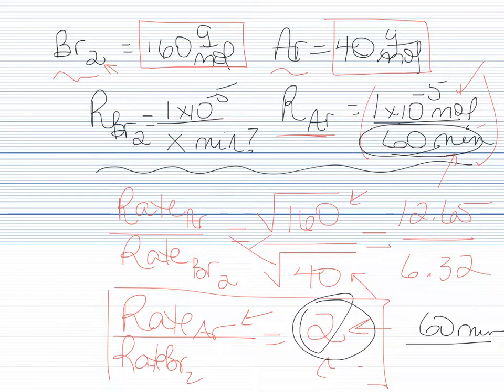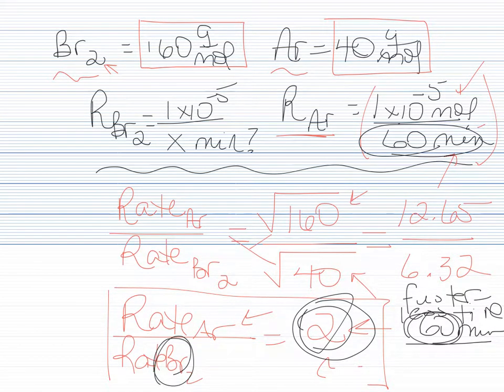If argon was faster, that means it takes less time, right? Because rate and time are inversely proportional. If argon is faster, it's going to take less time. Bromine is slower. It's going to take more time. How much more time? Twice more time.